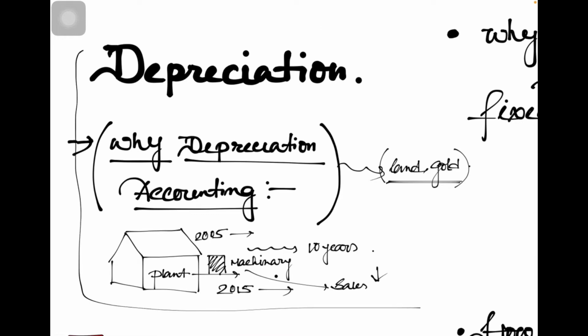I hope I am making sense. And if you do not present this in your books of account, it means you are misguiding your shareholders. Number one. Number two, it will create difficulty in managing your business in the future. So that's why we need to maintain the depreciation account.